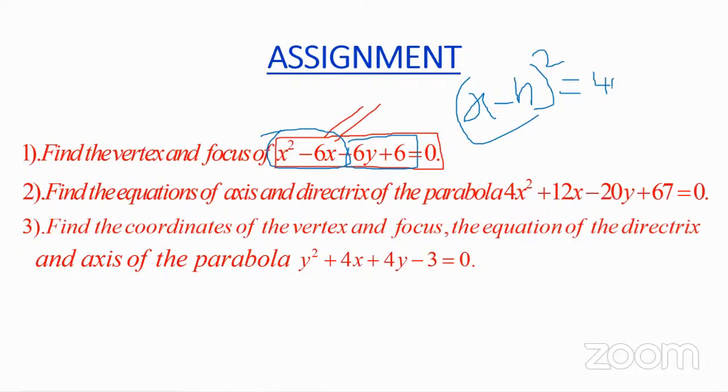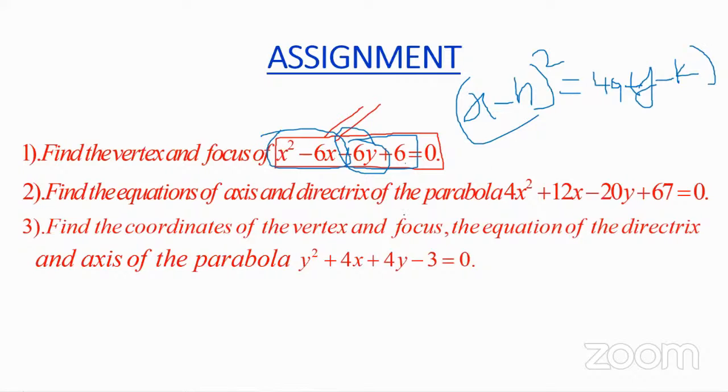I could take minus 4a also, but here the coefficient of y is a negative value, so taking it to the right side it will become positive. Then this is y minus k. That's why I'm taking x minus h whole square equals 4a of y minus k, to transform this and find the vertex and the focus of the given equation.